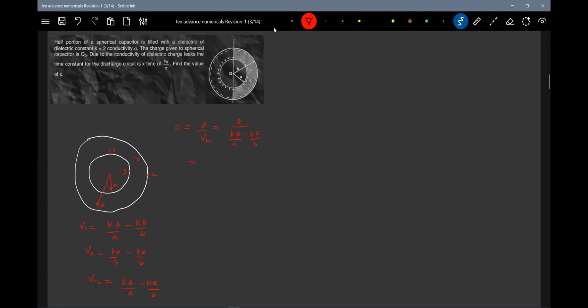If you remember, it's very easy to start the problem from here. Here K is 1 by 4 pi epsilon naught. Don't get confused between that K and this capital K; this one is the small k. So C is 4 pi epsilon naught AB by (B minus A).